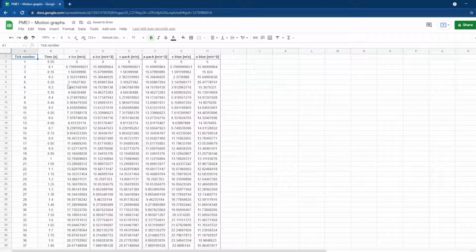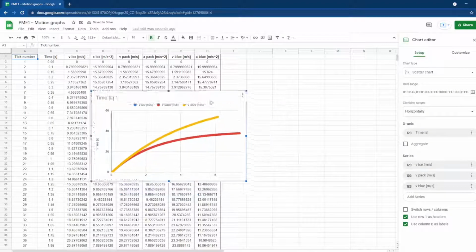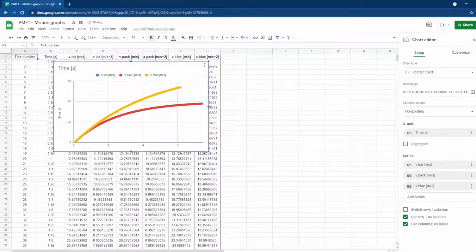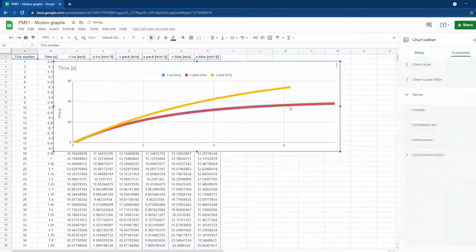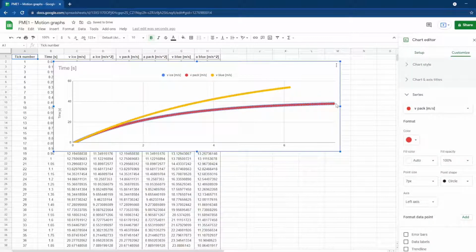I have put all the speeds and accelerations of the boats on ice, packed ice, and blue ice into one giant table. And now I can again insert a chart. From the graph, we can immediately see that we have only two lines because the line for regular ice and for packed ice actually overlap.